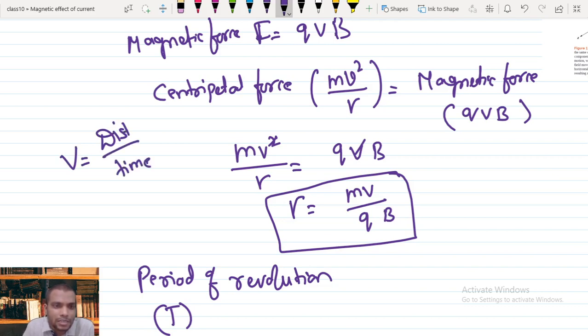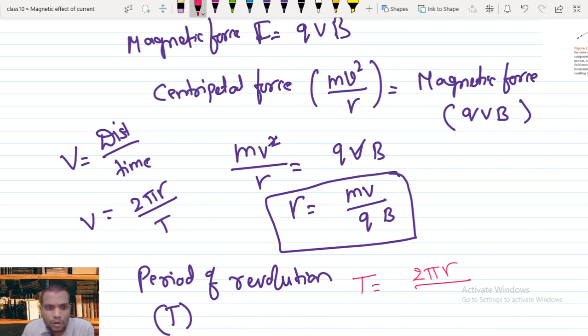So distance in circular motion is 2 pi r, the total circumference, and time we can call t. So the period of revolution t equals 2 pi r, the circumference of the circle, upon velocity v.